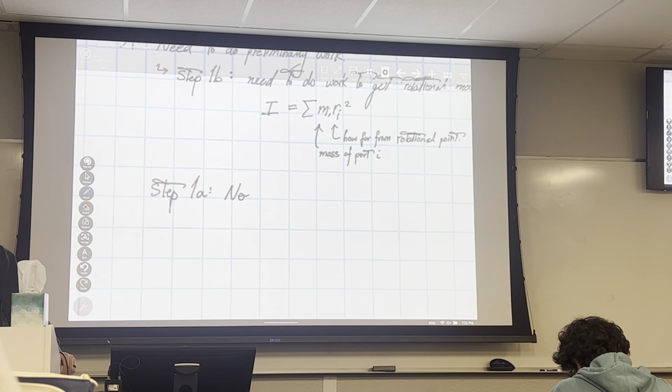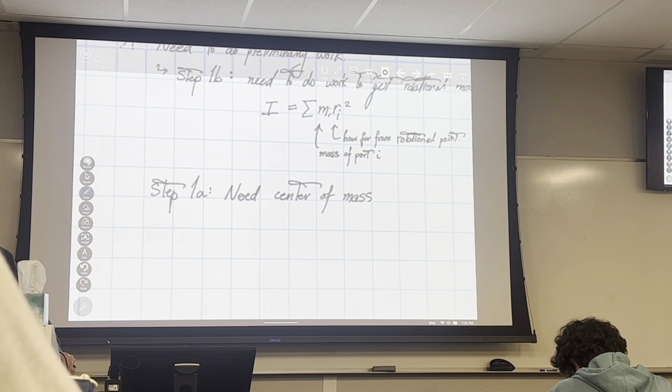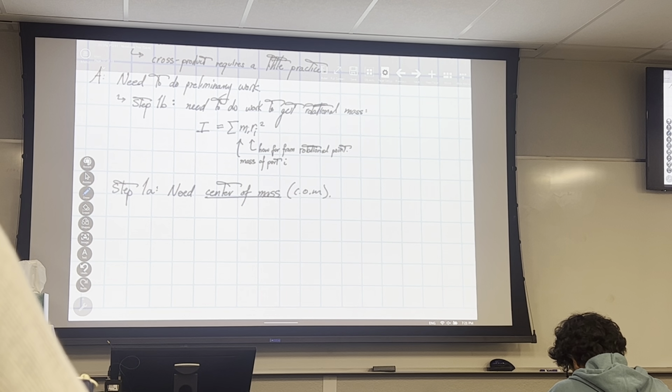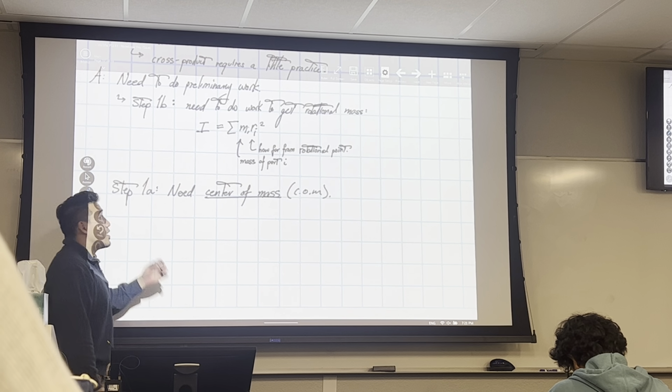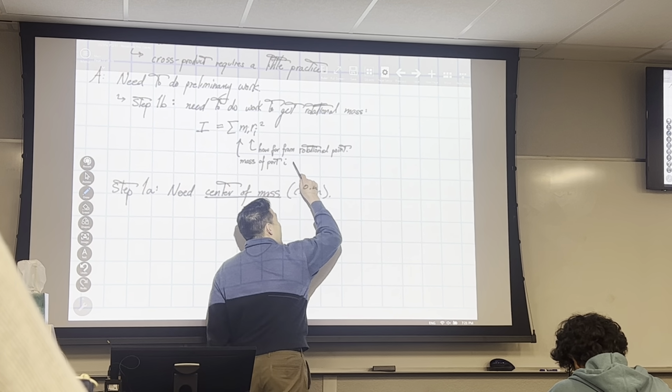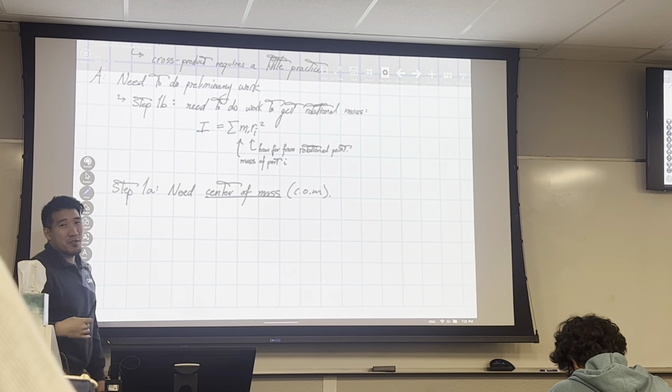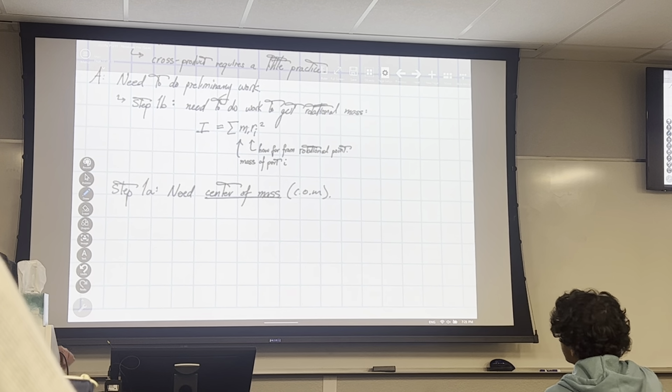Step 1a, you need what is called the center of mass, or COM. The center of mass is the rotational point for a freely rotating object.